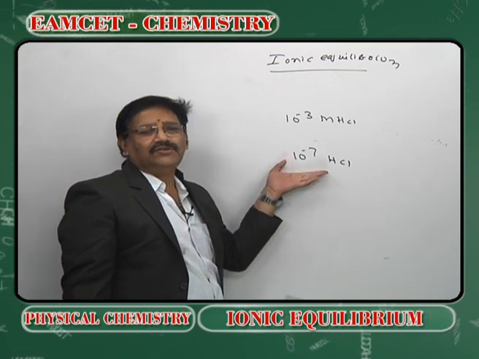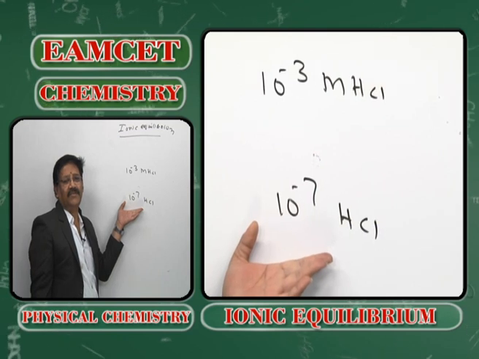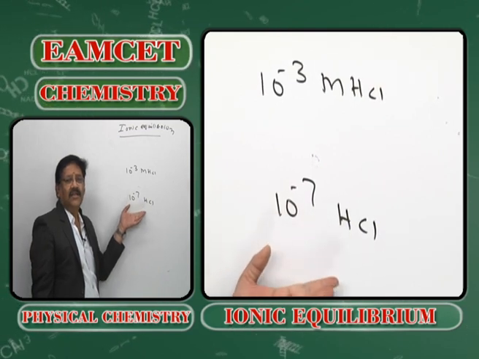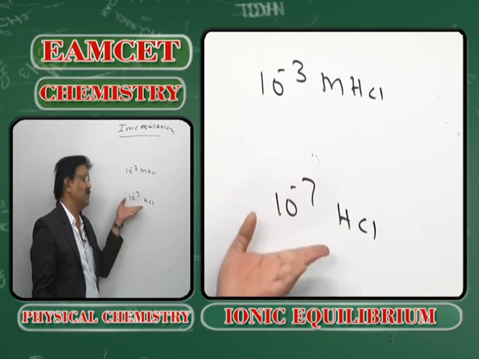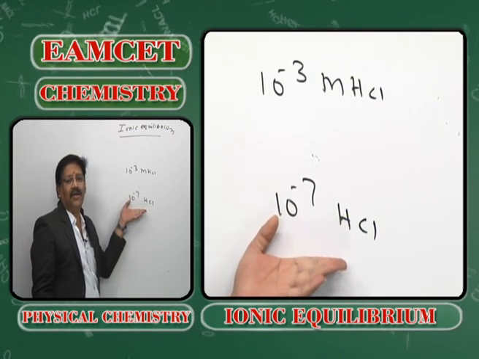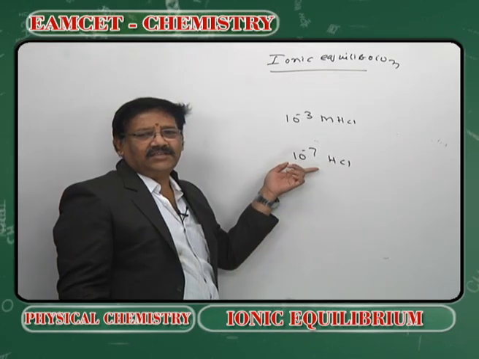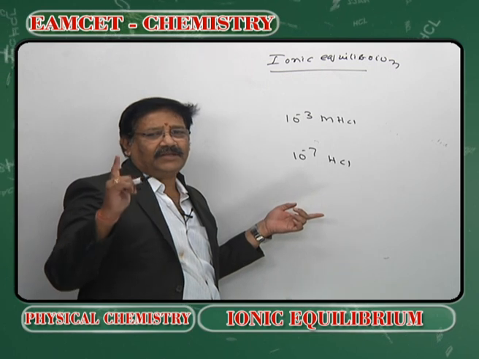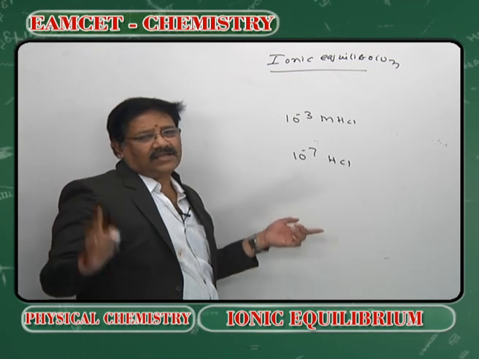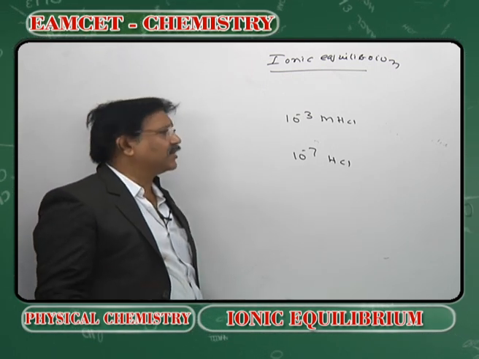In case of dilute solutions like 10 to the power of minus 7 molar HCl, the ionization of the water cannot be neglected because the effect of common ion is less. Here ionization of the water cannot be neglected.